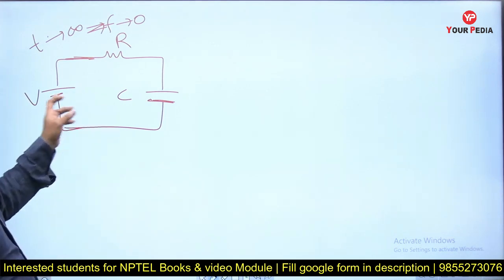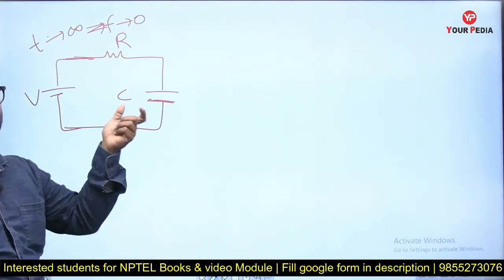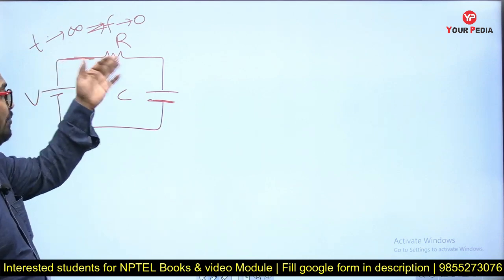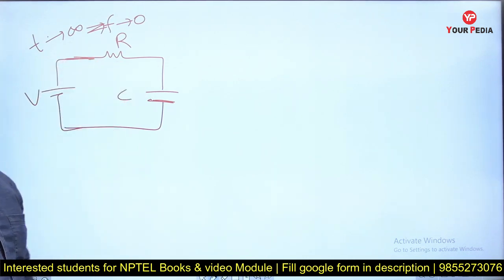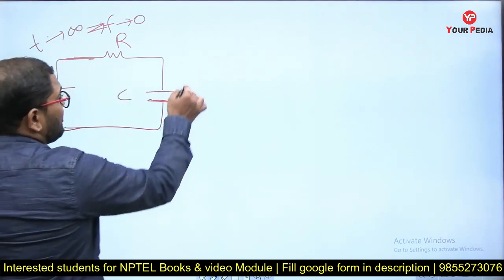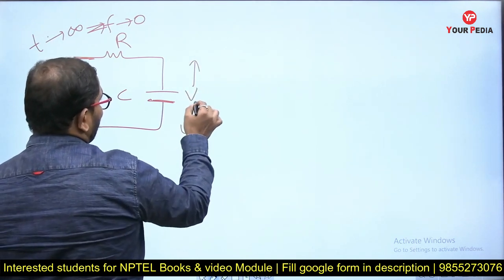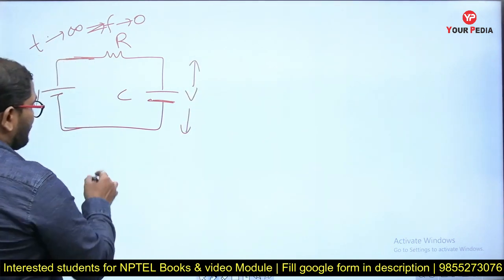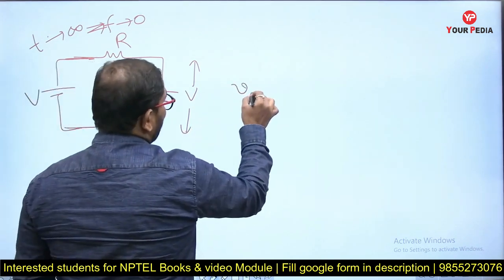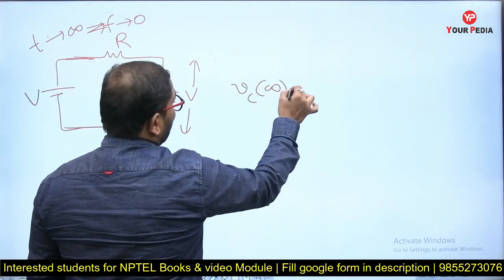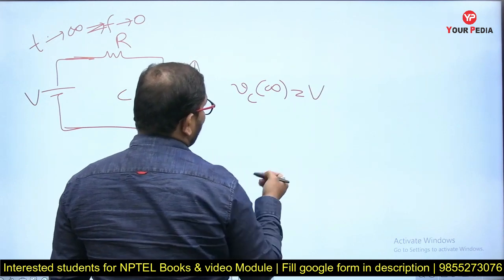Your capacitor charges to the source voltage value, and there won't be any current through the resistor. So what is the voltage across the capacitor under final conditions? It will be the same as your supply voltage.